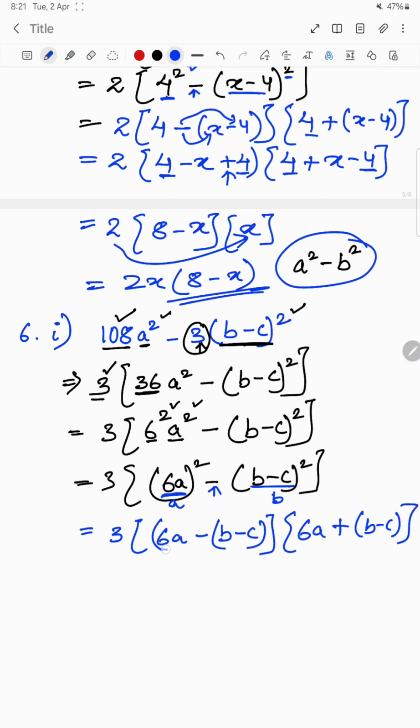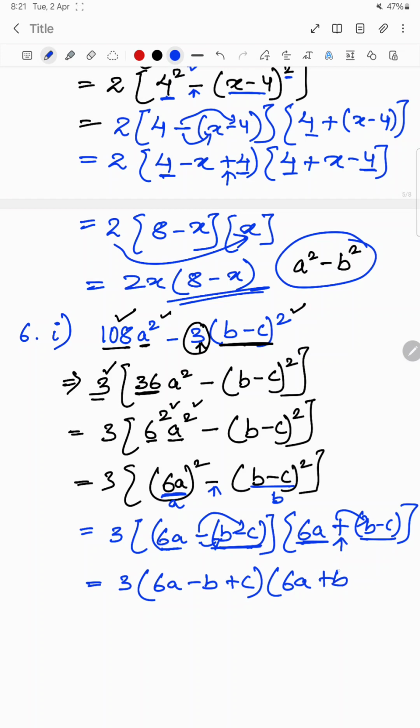So here I have a minus b into a plus b. Now let's remove the bracket. So when you remove the bracket, you'll get 6a minus into plus b is minus b, minus into minus is plus c, into here I have 6a plus into plus b is plus b, plus into minus c is minus c, and this is the solution for question number 6(1).